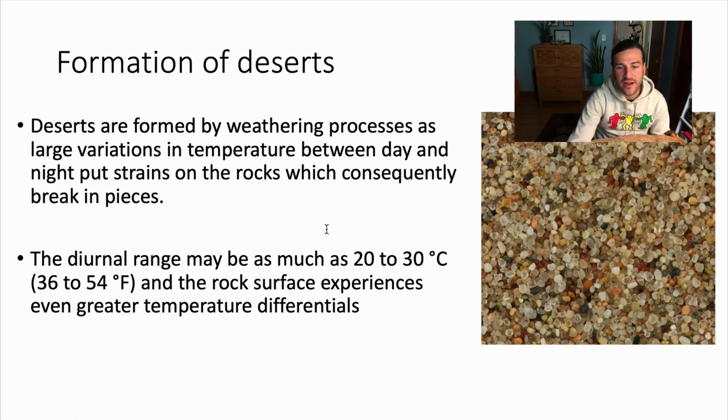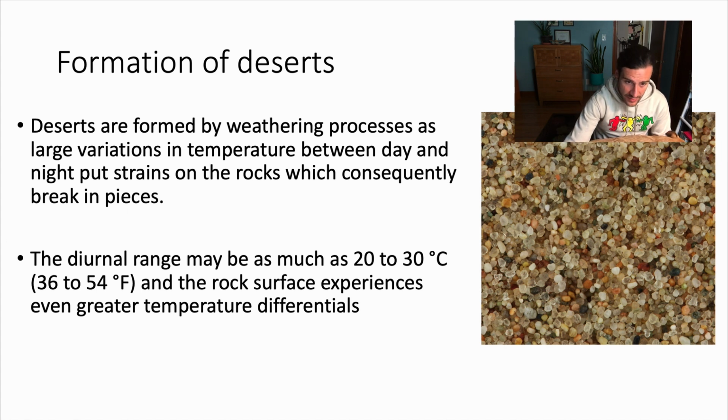So their diurnal range, their daytime range, might be 20 to 30 degrees Celsius, and the rock surface experiences even greater differentials. So the range, right? This isn't just the temperature. Their range during the day, temperatures range from 10 degrees Celsius, but during the night, you get drastic cooling.